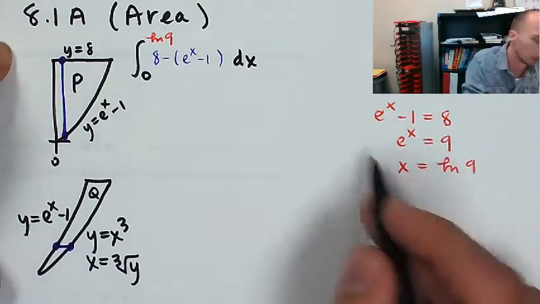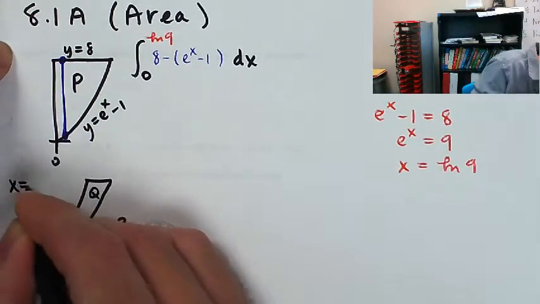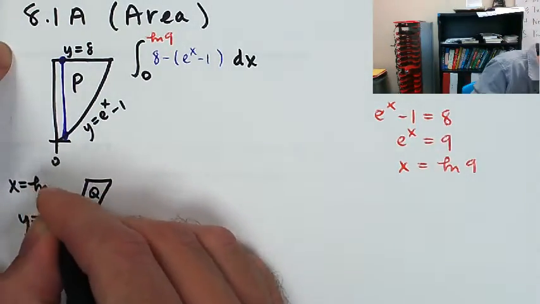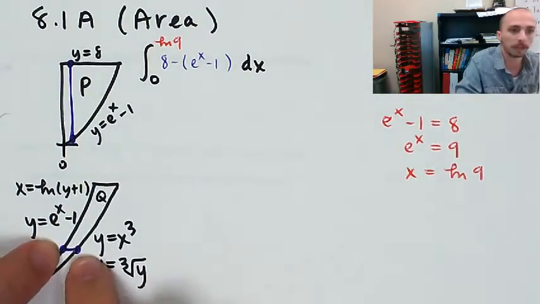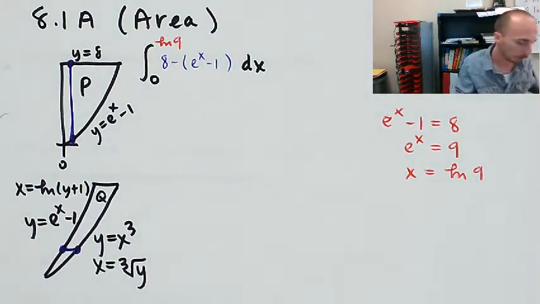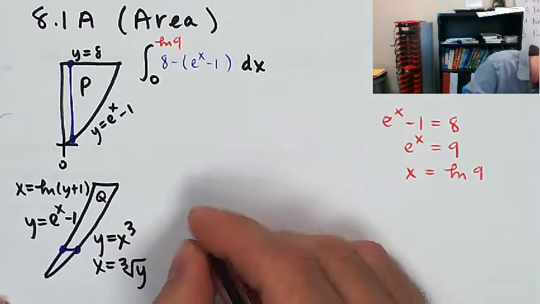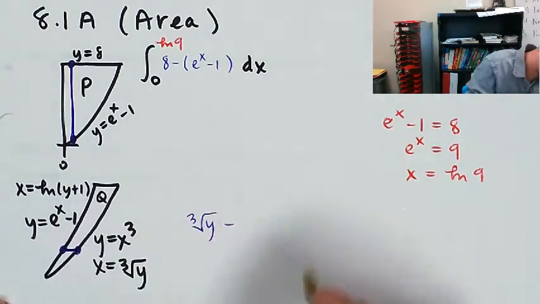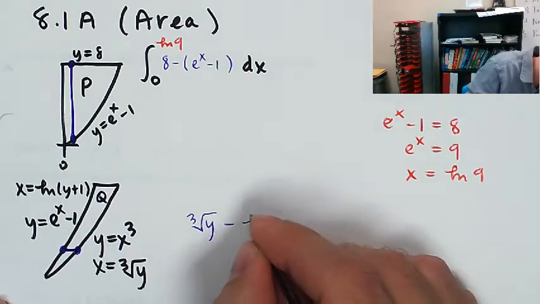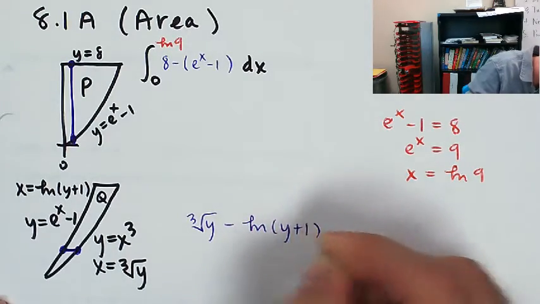You can even see that over here in the algebra I already did. The width of this rectangle is going to be the difference in the two x coordinates. So on the right, x equals the cube root of y, minus on the left, x equals the natural log of y plus 1.